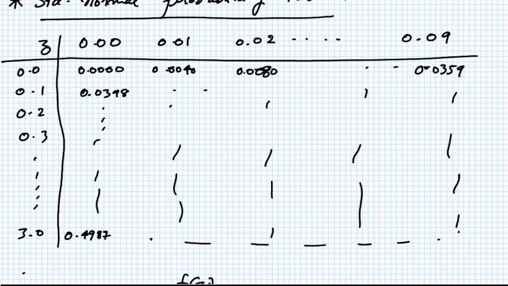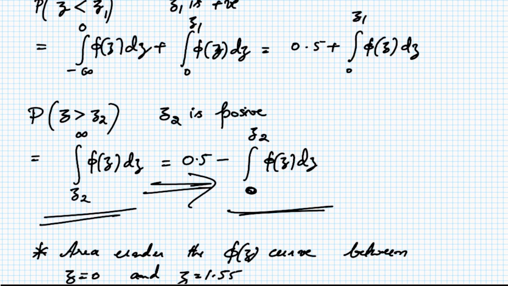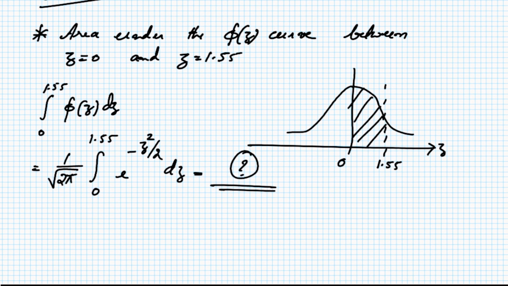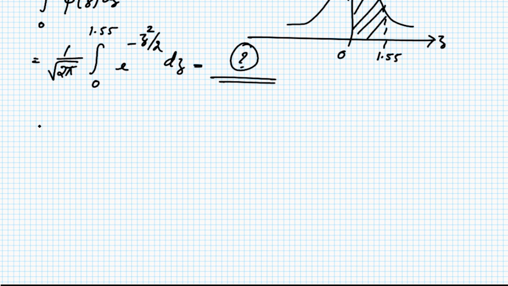So 1.55 is what we want to calculate. I'll give the notation first so that it becomes easy for you to find in the table. What exactly they are asking here is you have to find the value. The whole table what you have, I call it as a phi table. Phi of simply 1.55.